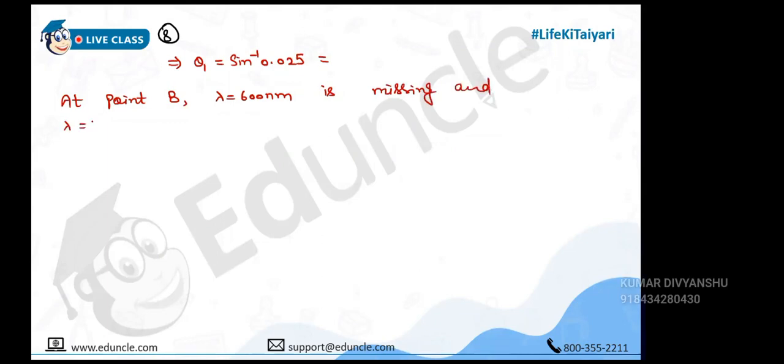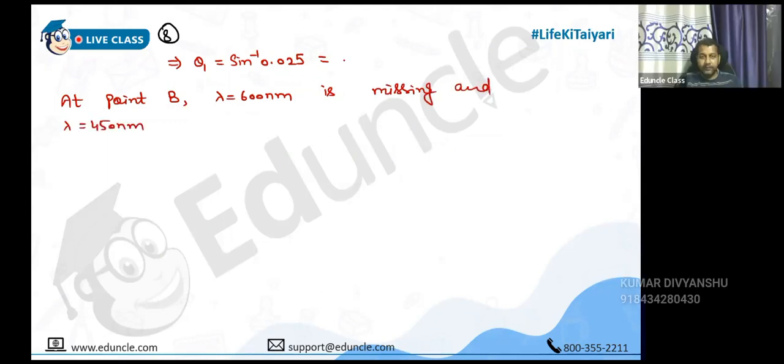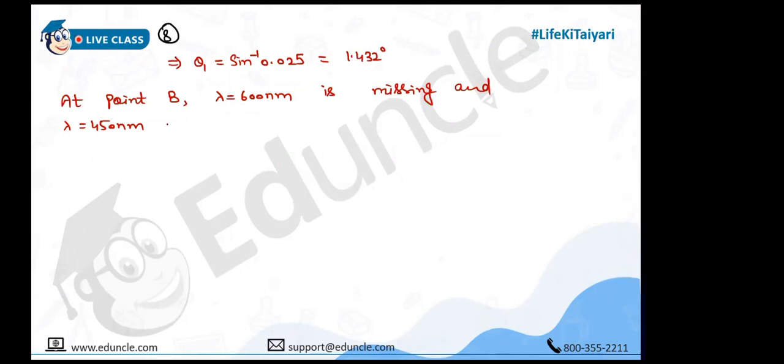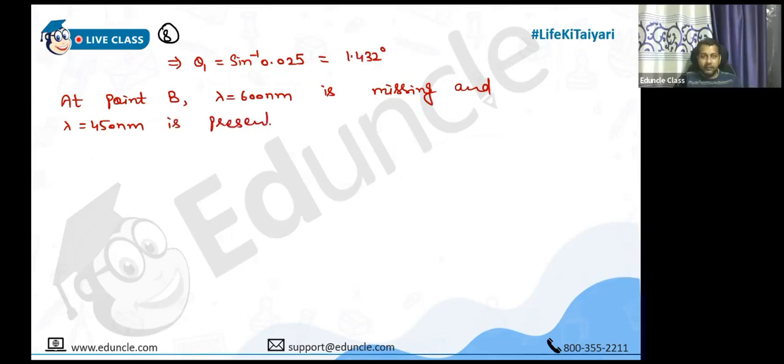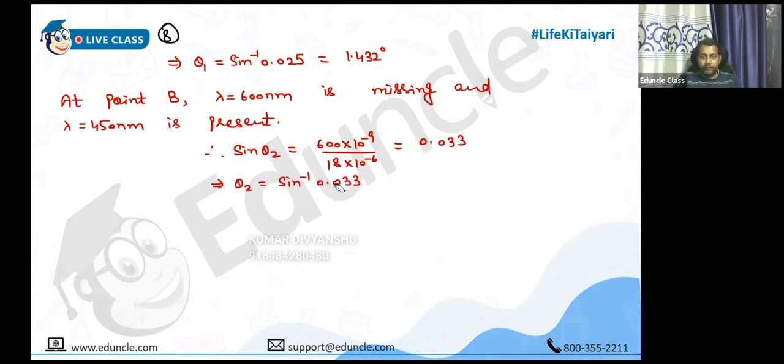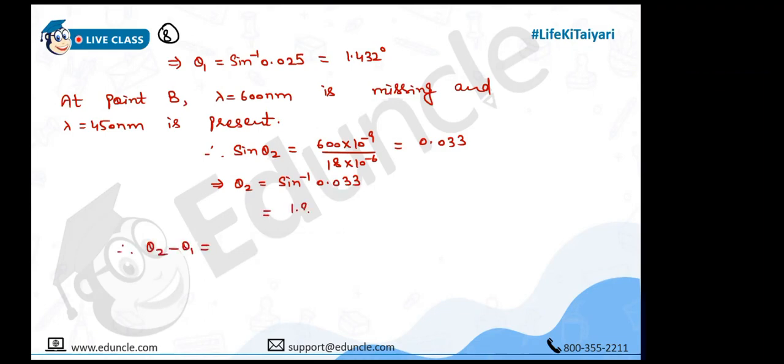Sir, 1.432. This is theta 1. Yes, sir. Thank you. Missing is present. Therefore, how much? I think 0.033. 1.891.